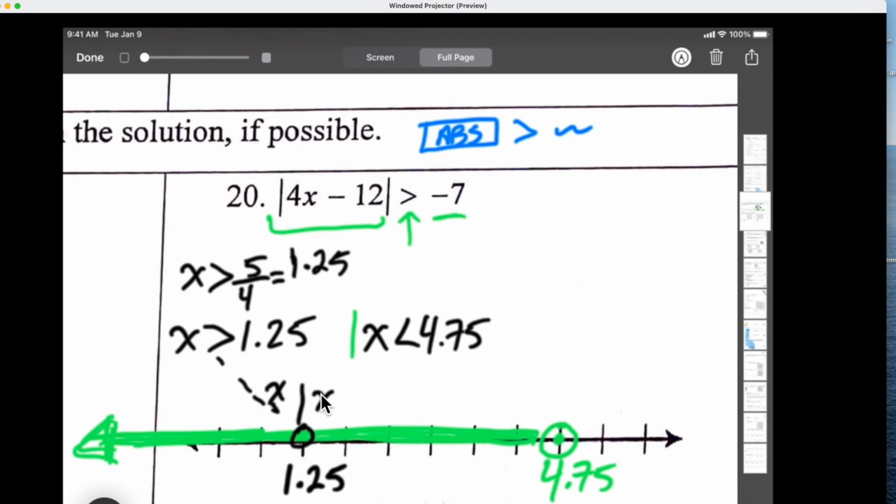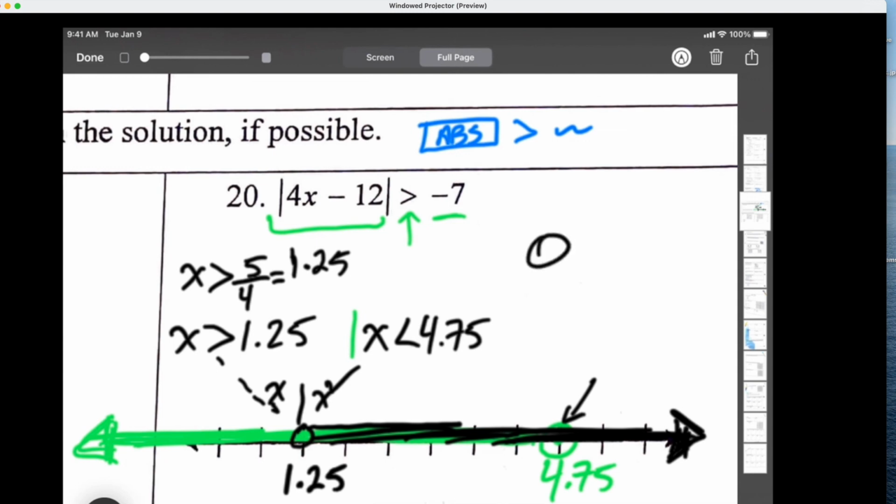Which of these x's is greater than 1.25? It's this one. Here's 1.25. This tells me they want me to shade x greater than 1.25. It's one of these two. It's going to be this one because it's to the right. That means I'm going to shade all of this, including that circle, all the way up to infinity. That means everything is shaded. So this has infinite solutions.